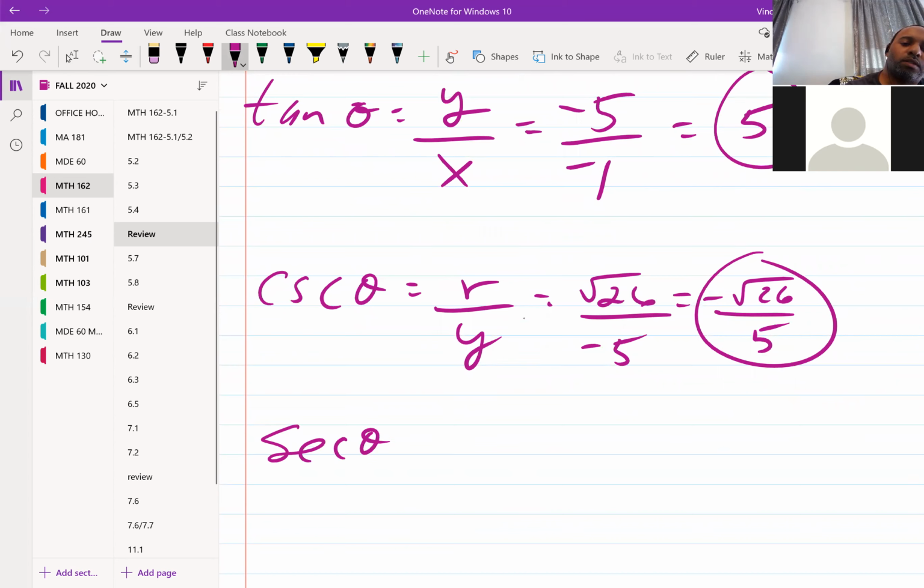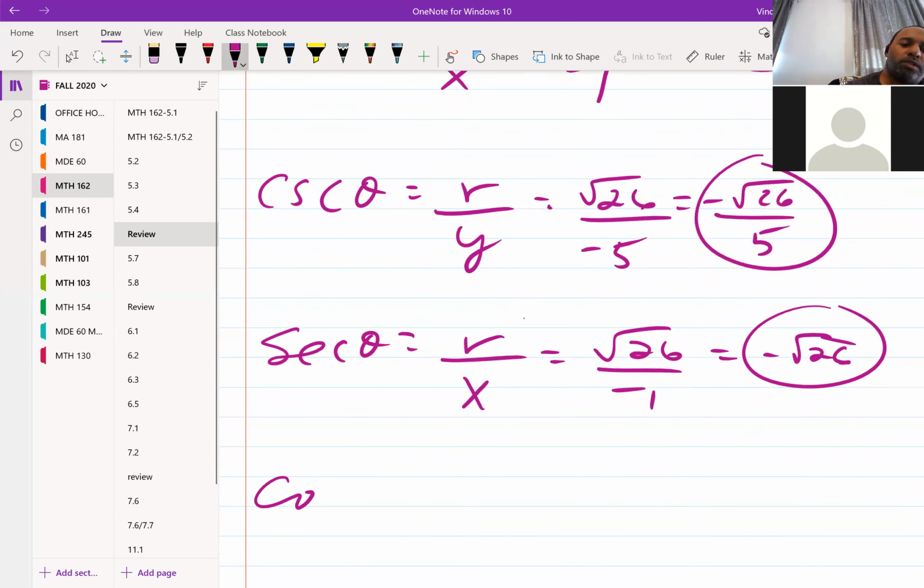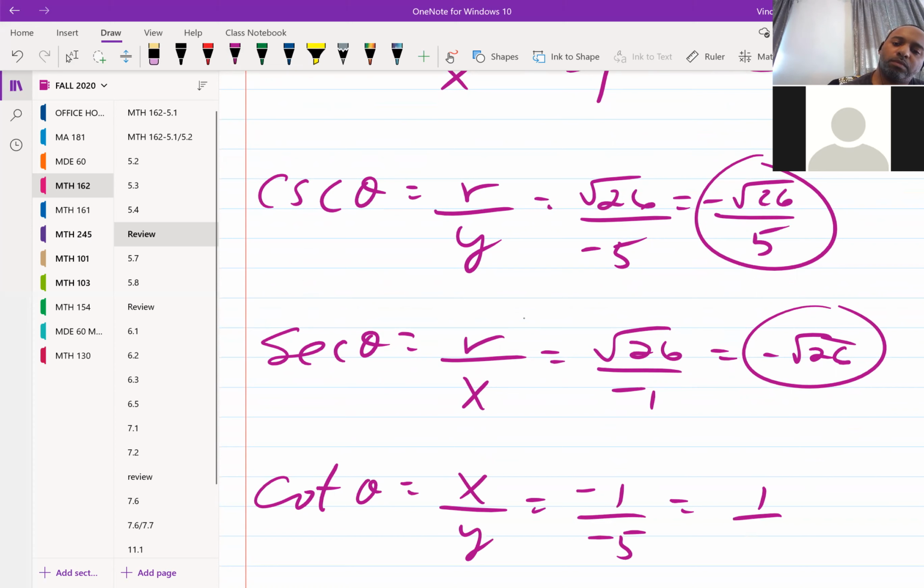Secant is the inverse of cosine. And then cotangent is the inverse of tangent. So those are your 6 trigonometric identities.